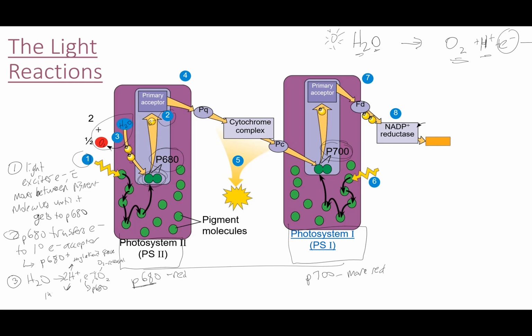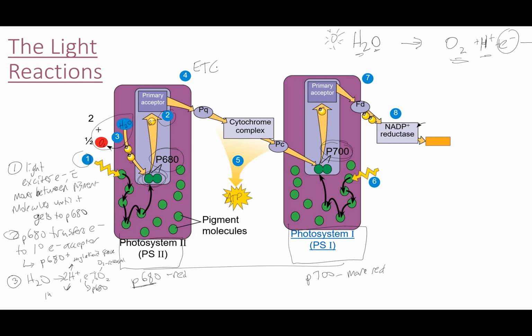You see PQ, we've seen Q before, cytochrome we've used before, and you see that we're producing something that should look familiar. Okay, so we're going to take these electrons, and step 4 of the light reactions is actually an electron transport chain, similar to what you would see in cellular respiration.